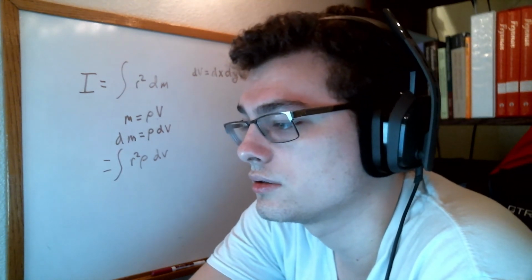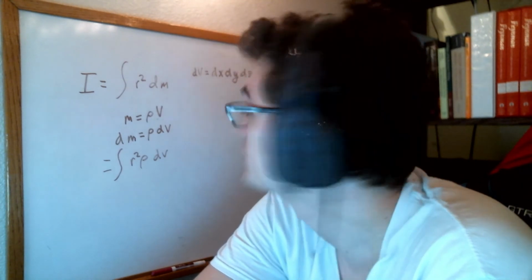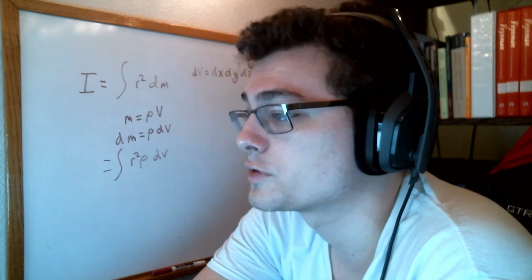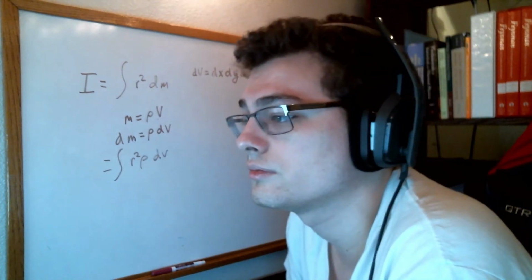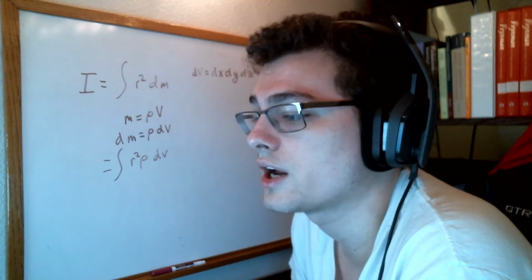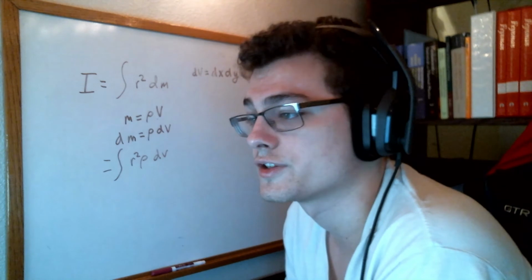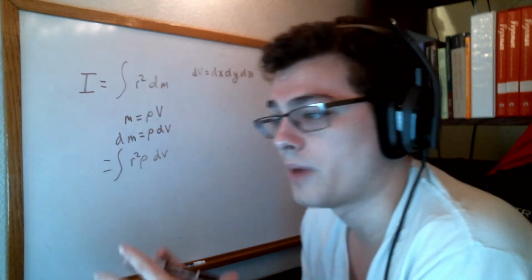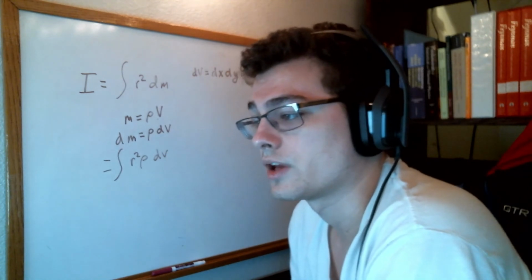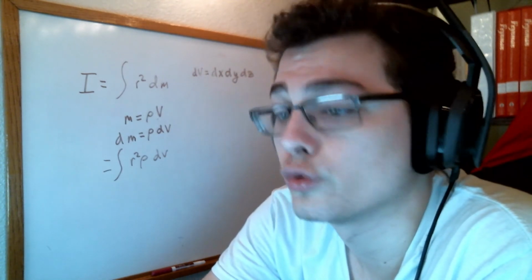And so what we can do is, for some cases, well, actually this would not be a spherical case, but it would be more of a box type of deal, more of a cube.